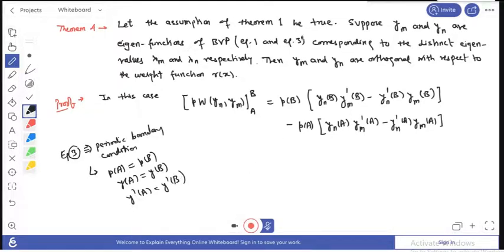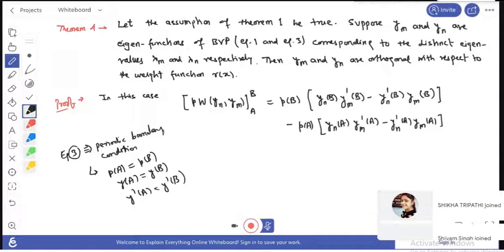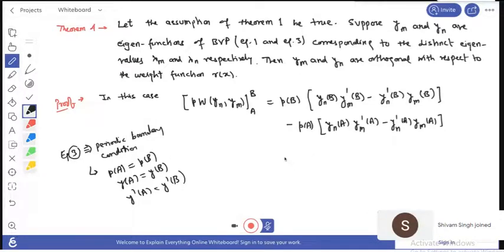If we use equation 3 of this boundary value problem and put in these values, this equals 0.